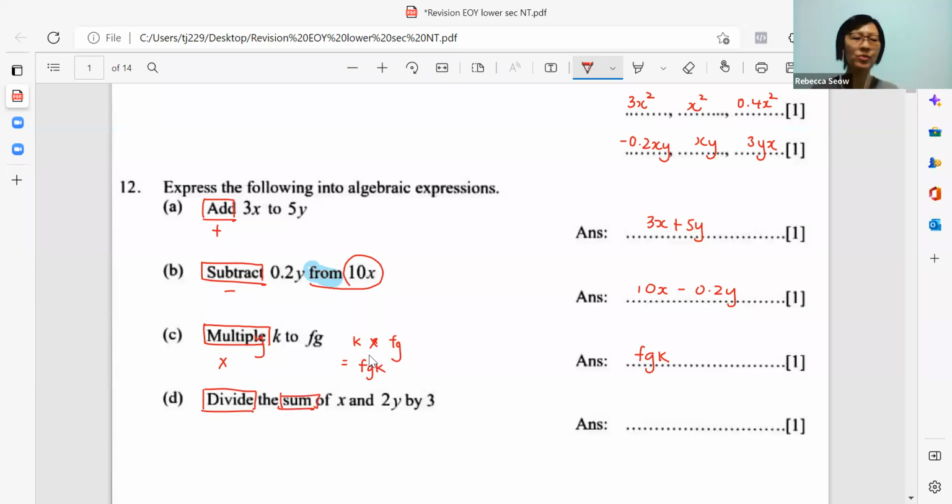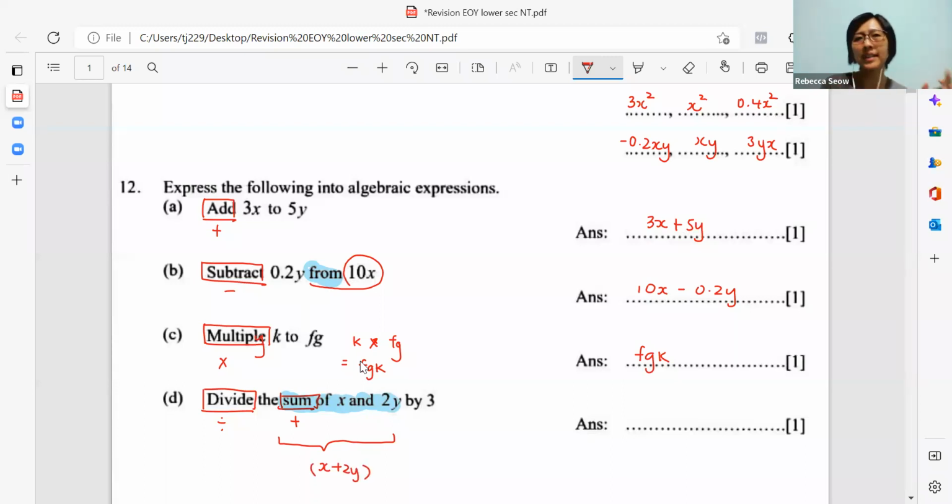So we have two different descriptions here. One is division, one is addition. So what we need to do first is actually to find the sum of x and 2y. So the sum of x and 2y is actually x plus 2y.